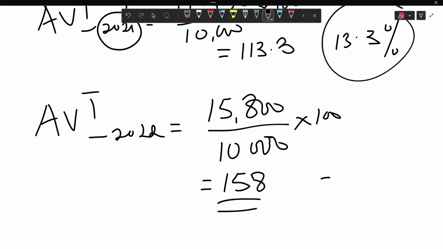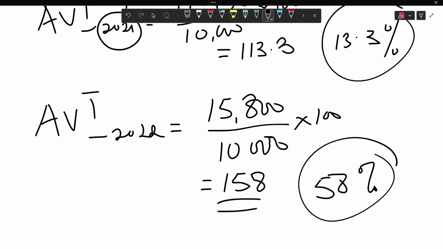You can also say that relative to 2020, we have a 58% increase in our value.